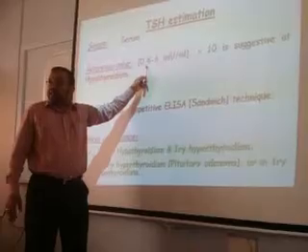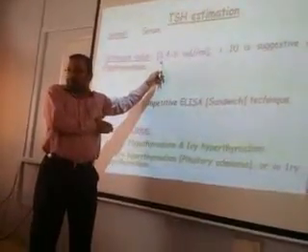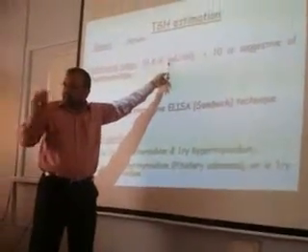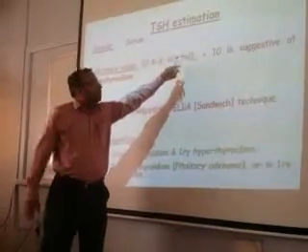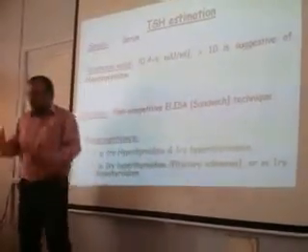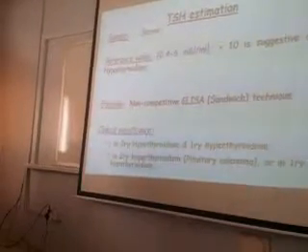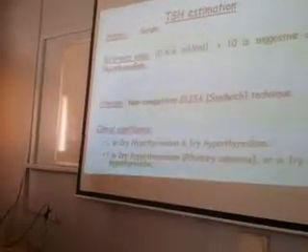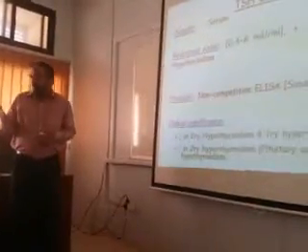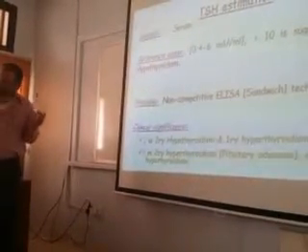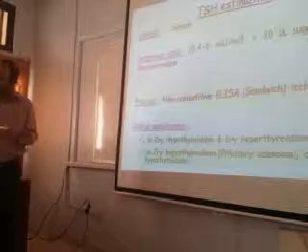If 0.4 is there, it is the lower normal limit. If more than this, it is increased, but clinically it is more than 10. If you clinically see the signs and symptoms of hypothyroidism in the patient, TSH should be more than 10. If less than 10, hypothyroidism is there, but subclinical.